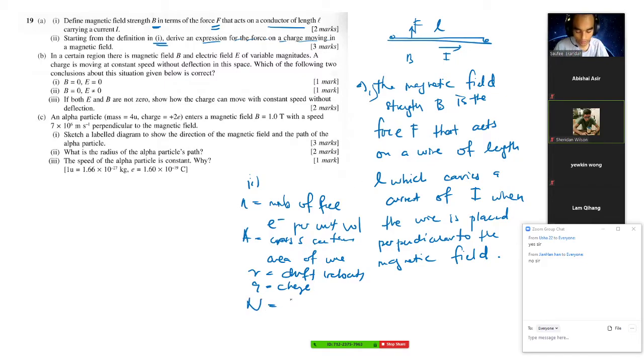Capital N will be the total free electrons in the length, and Ft will be the total force acting on all the charges.